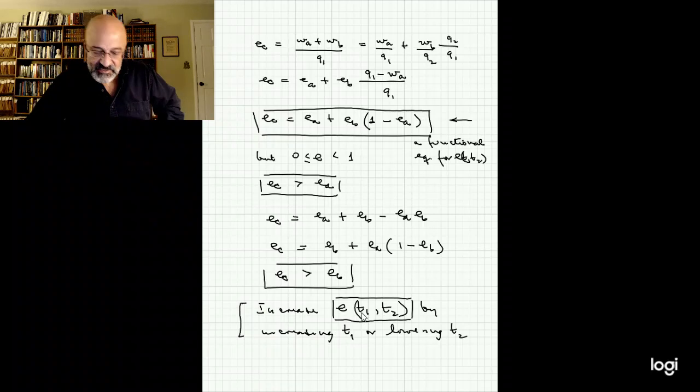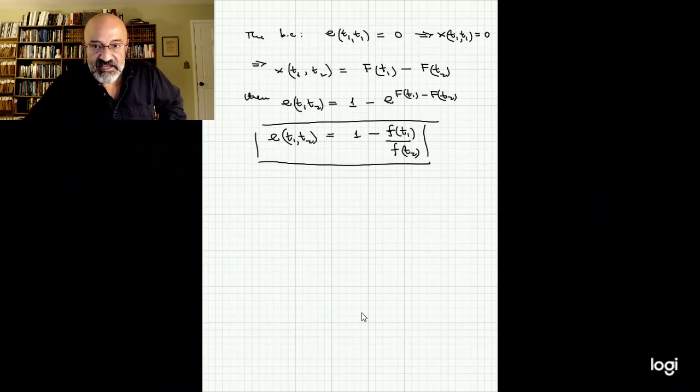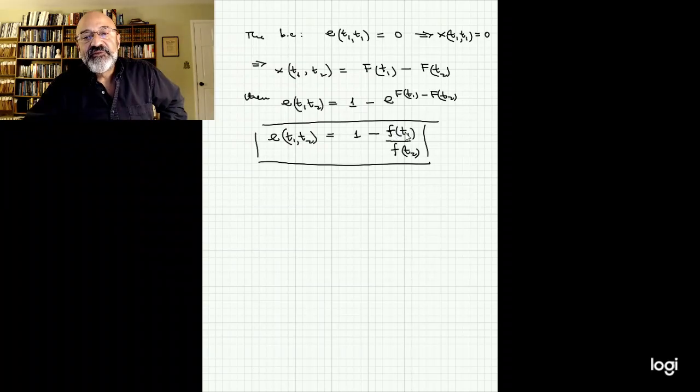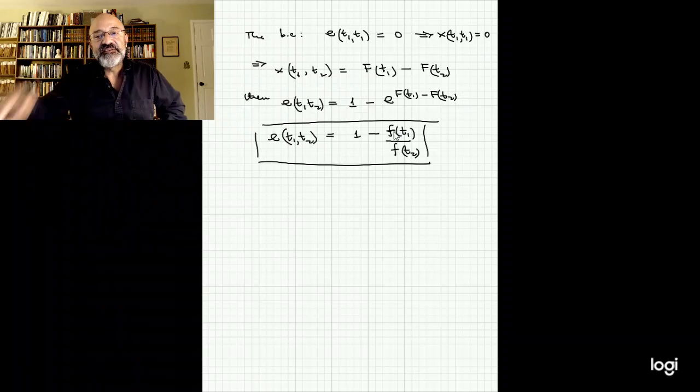So what that means when you go to an expression like this is that you increase the efficiency by increasing T1, so you want this guy bigger, which means that this is a monotonic decreasing function.